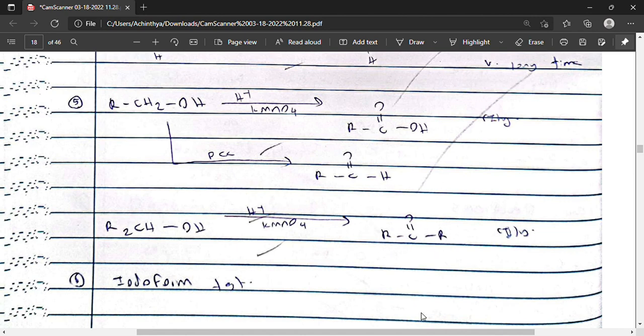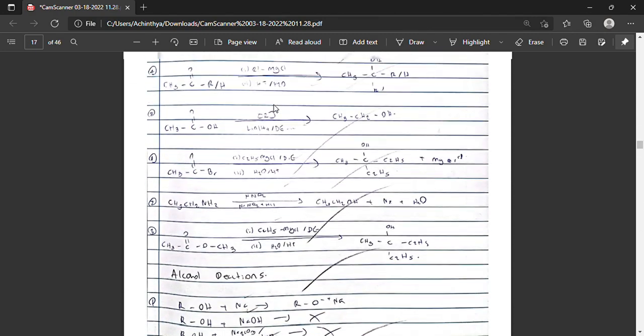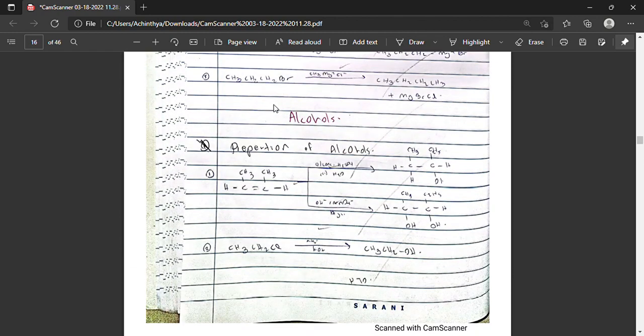Tertiary alcohols cannot be oxidized because what can it be oxidized into? We can also do something called the iodoform test on alcohols, but we don't exactly have it in the syllabus at the moment. And these are the chemistry of alcohols.